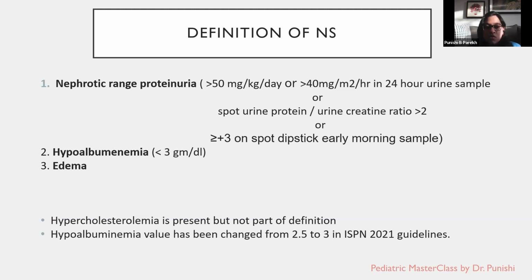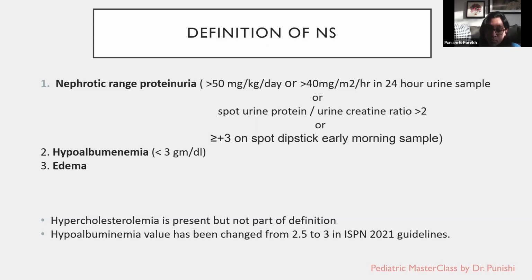A few things might have changed compared to the previous guidelines. In these, they have defined hypoalbuminemia as albumin less than 3 gram per deciliter. Initially, it was less than 2.5. So just remember that's the change according to the new guidelines.